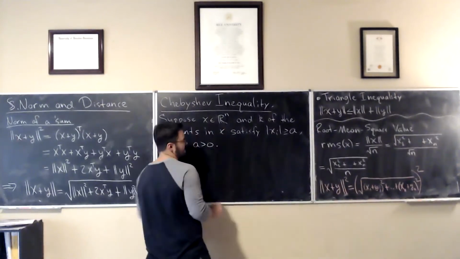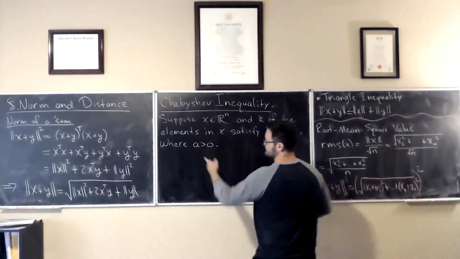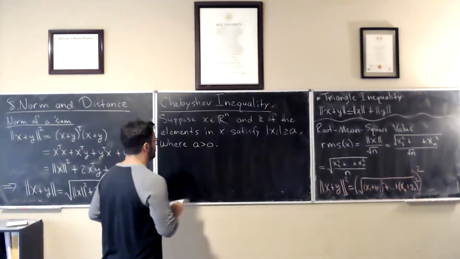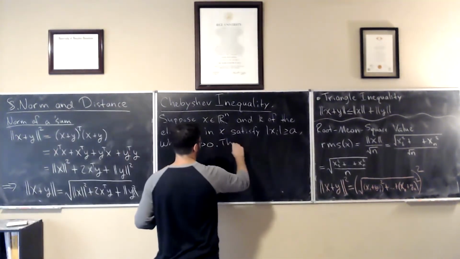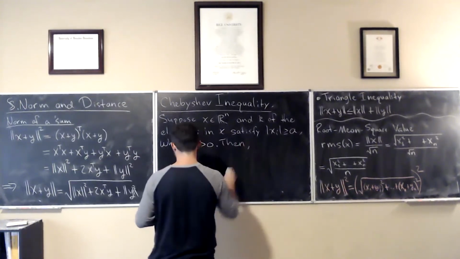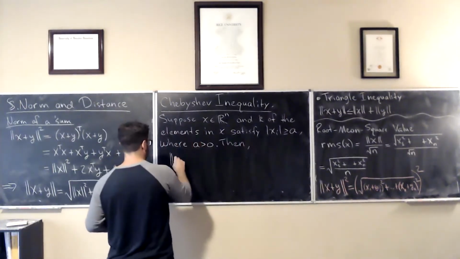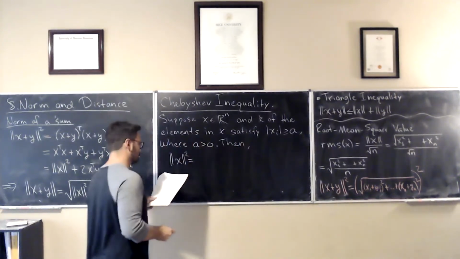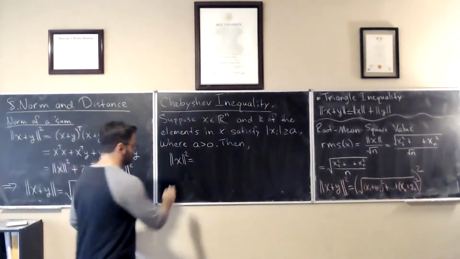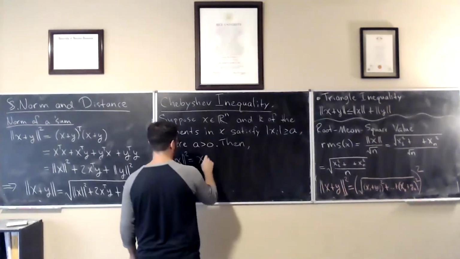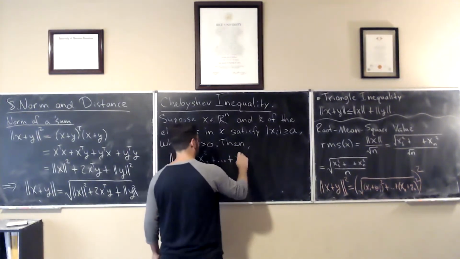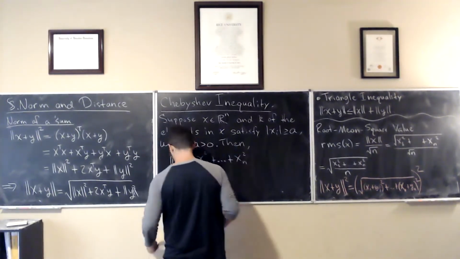So in this case, if k of them are bigger than a, then what we can say is that if we look at the norm squared, right? That's just the sum of the squares of the entries in x, dots, dots, dots, plus the same all squared.